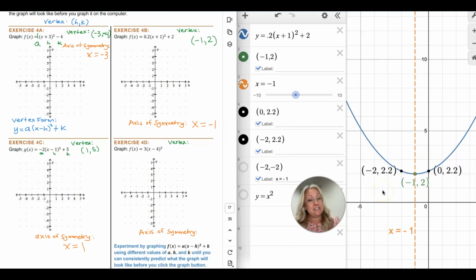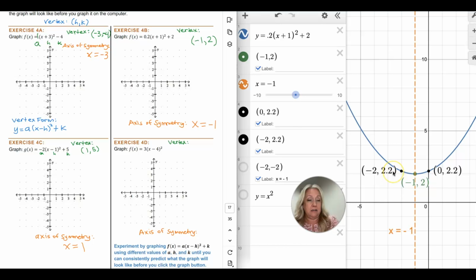Now, did you try to do 2 other points to see how wide it would be? So on this, that 0.2 is telling us that we're actually going to go up by 0.2 and over 1. And so that puts us at a point of (0, 2.2). On this one, we'll go up 0.2 and then left 1.